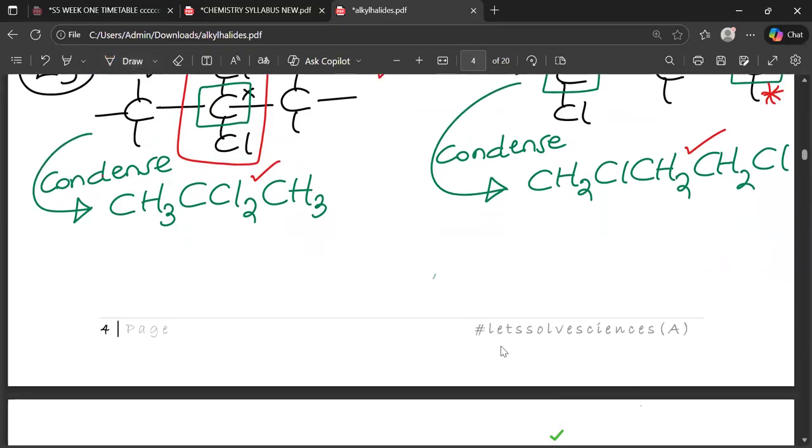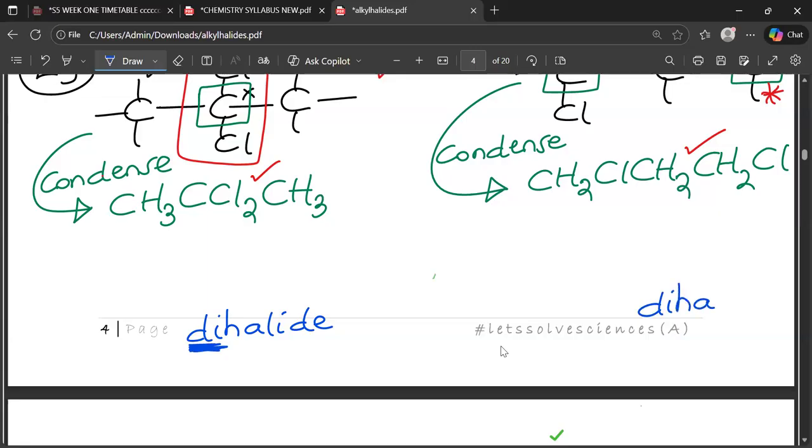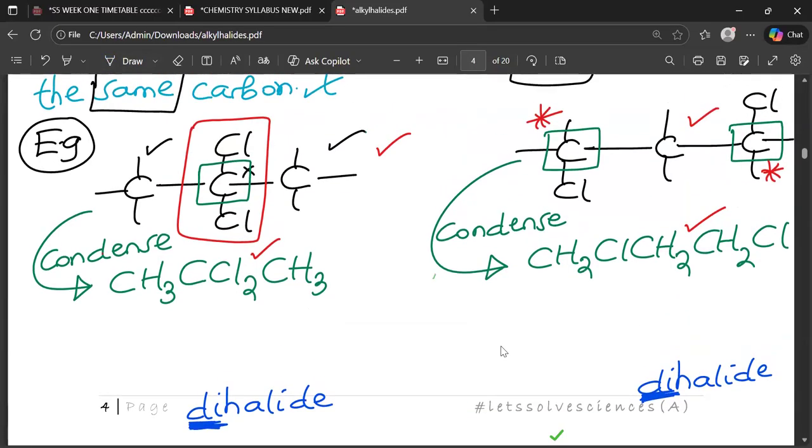You all are aware that this one is called a dihalide. We all know that the first one is a dihalide because the X's are 2 or the Cls are 2. Even this one is also a dihalide. Why dihalide? Because still they are 2. But where is the difference? The difference is that for the first one, they are on the same carbon. For the second one, they're on different carbons, as you can see.